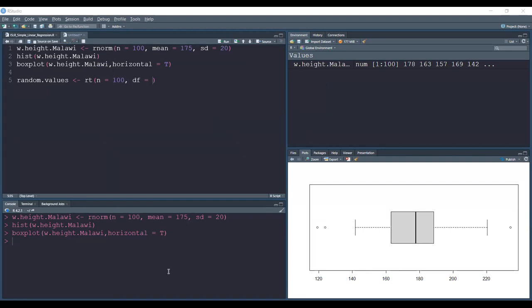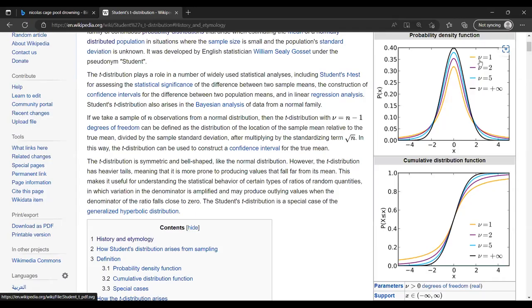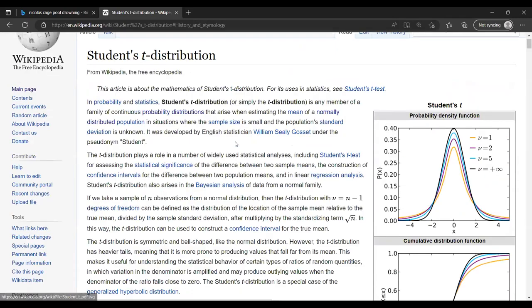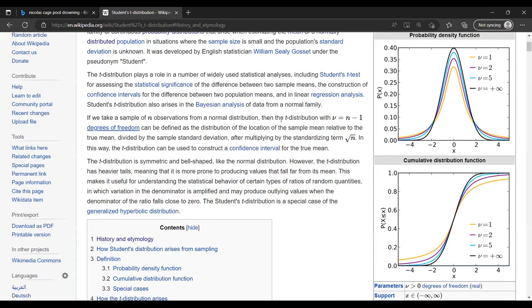Wikipedia is using the Greek letter nu. It's known as the degrees of freedom.